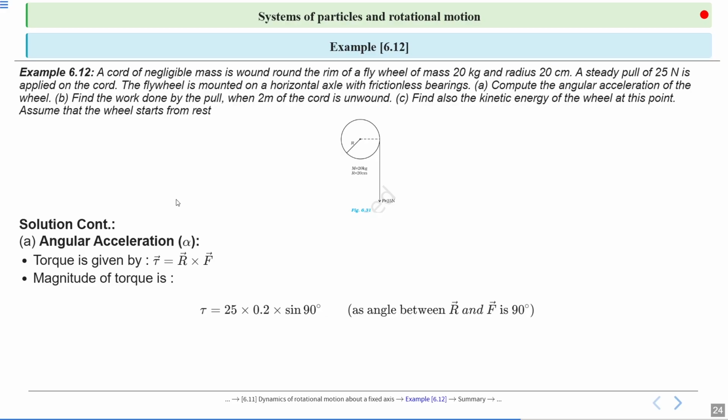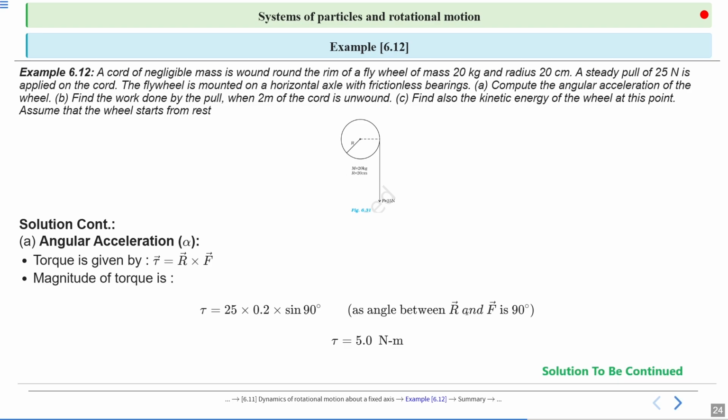So torque tau equal to 25 into 0.2 into sine 90 degree, because the angle between r and F is 90 degree. So tau equals 5 Newton meter.